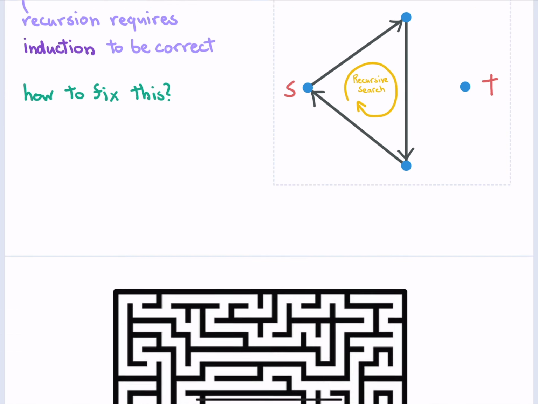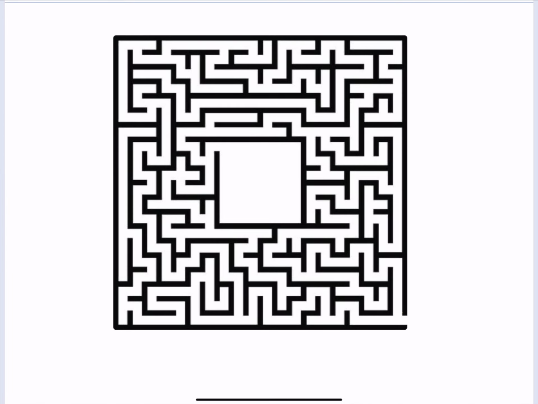Maybe if you're literally doing a maze on a piece of paper, what do you do physically? You would get out a pen or pencil and start writing stuff. If you got stuck, you kind of know where you came from, so you can backtrack and keep going forward.